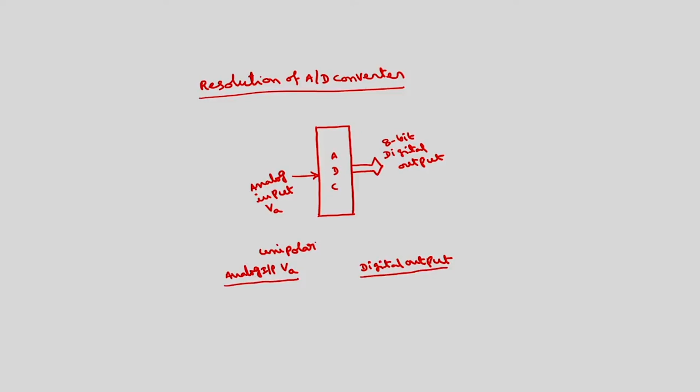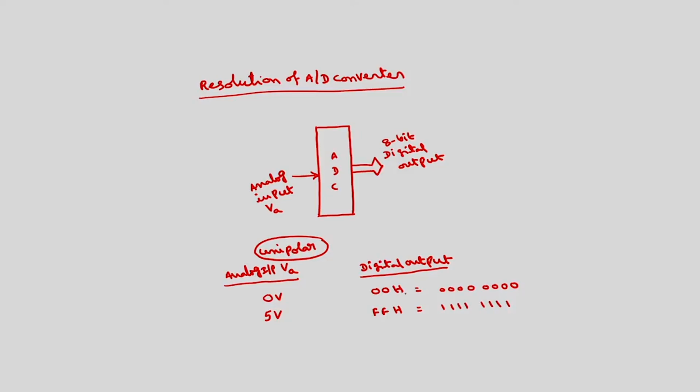As the name implies, unipolar, we have only one single polarity, meaning all positive voltages only. So we will take 0 volts as corresponding to 00H, because with 8 bits, 00H is equivalent to 0000 0000, and 5 volts is taken as FFH, which is equal to 1111 1111.